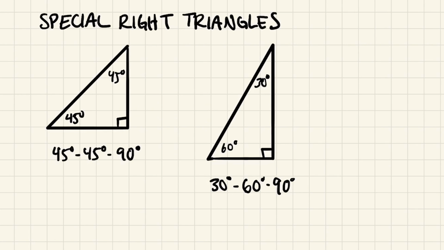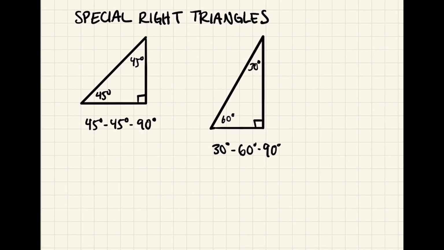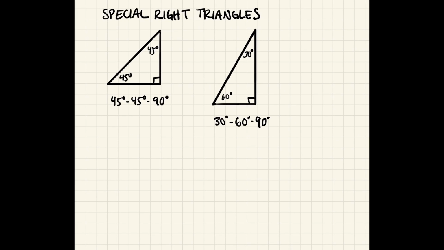So using SOHCAHTOA and some basic geometry, we can figure out what the side lengths are on these triangles and therefore deduce things like the sine, cosine, tangent of 45 degrees, 30 degrees, 60 degrees, any of the angles on these triangles. All right, so let's start by playing around with the 45, 45, 90.